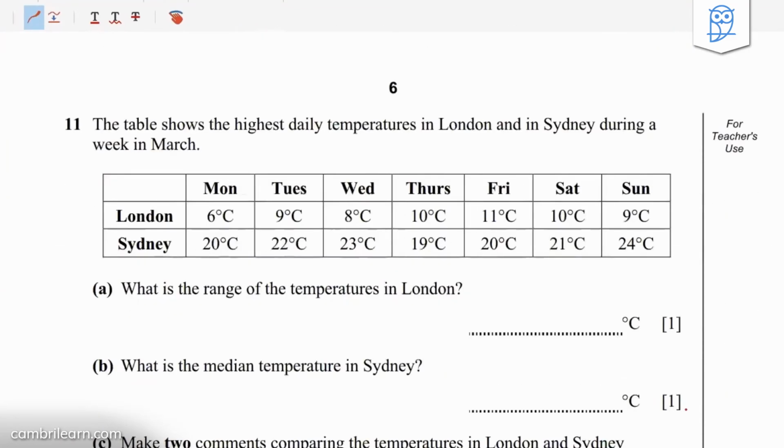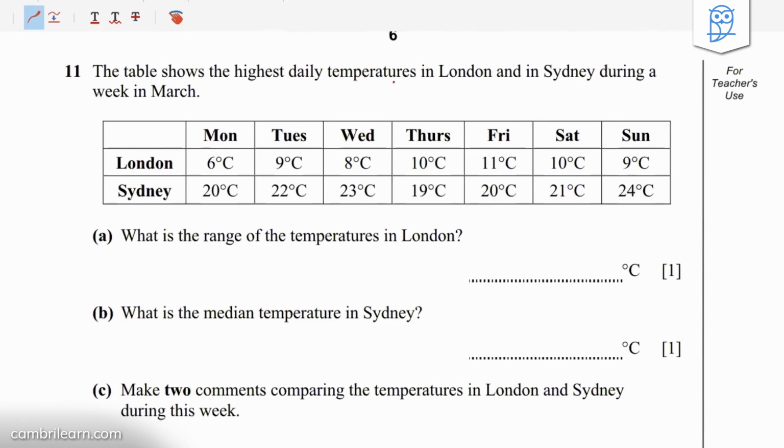Next question. This next one is very simple. Question 11, the table shows the highest daily temperatures in London and in Sydney during a week in March. What is the range of temperatures in London? So what is the range? We basically take our maximum and we subtract the minimum value from the maximum.